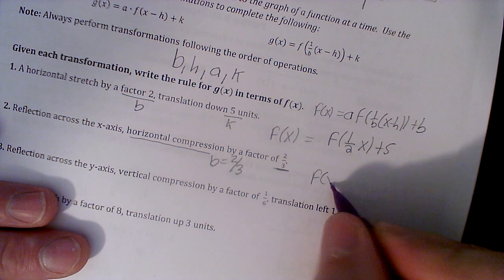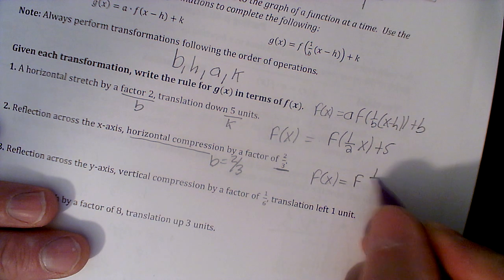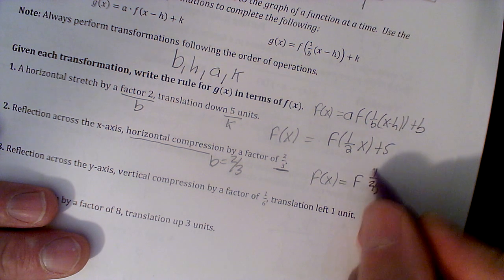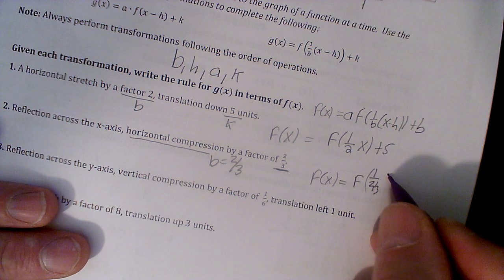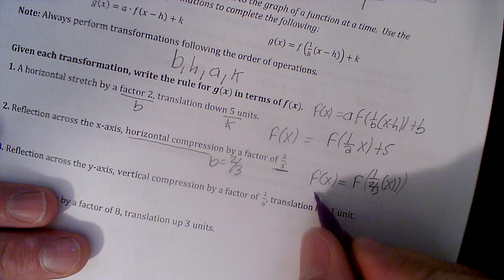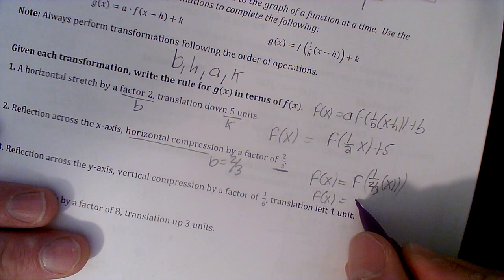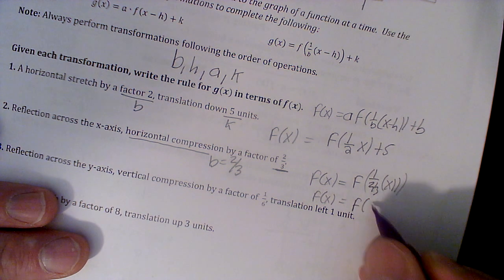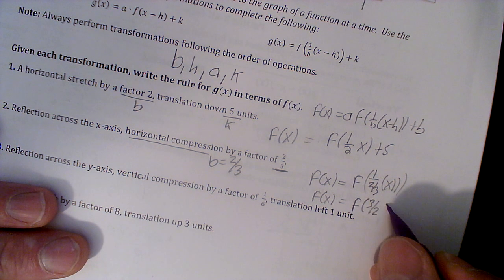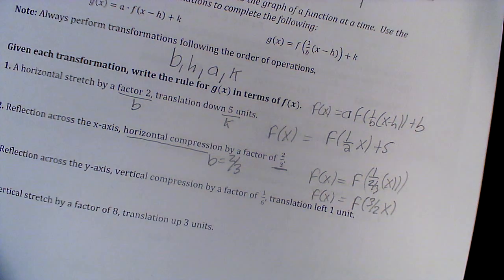It would be f of x equals a function of 1 over 2/3, like that, x. But we're going to flip it because it's on the bottom. So f of x, I should be using g of x perhaps, but a function of 3/2 x. That will give me a horizontal compression of 2/3.